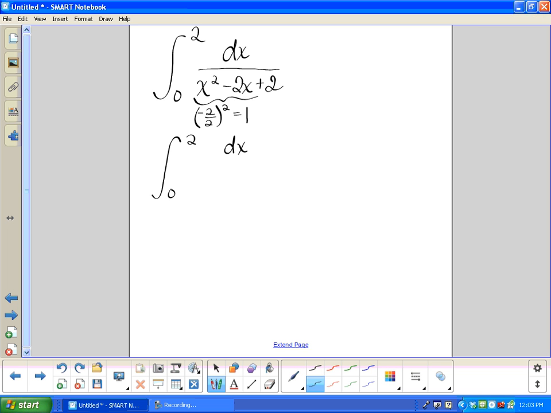Dx all over, let's see, what will this be? We have x squared minus 2x plus 1 plus 2 minus 1. Don't forget, you add and subtract the same number.